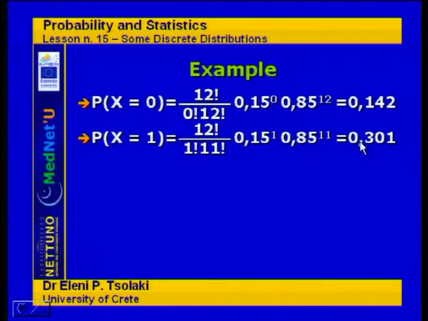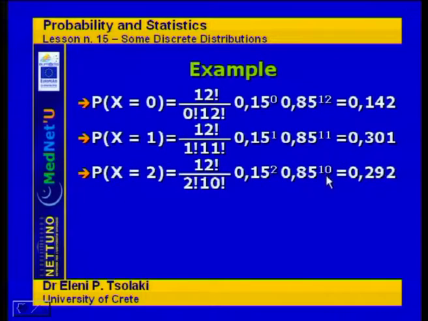We calculate the probability, it's 0.301 of observing a defective in our batch. Also, we calculate the probability that we observe 2 defectives, and we find that it is 0.292.